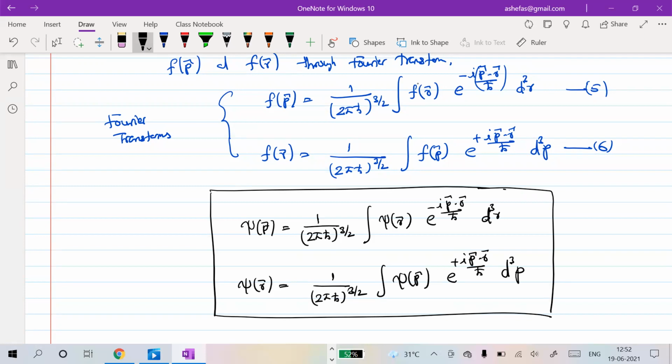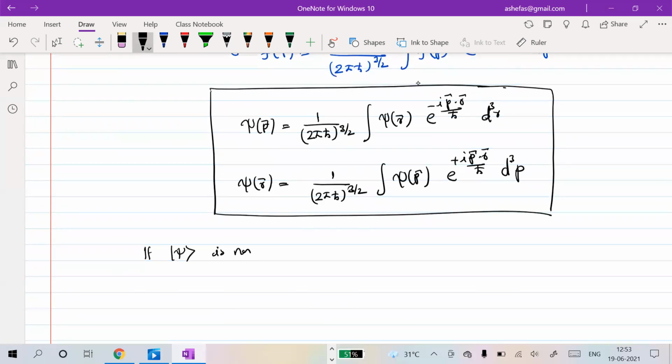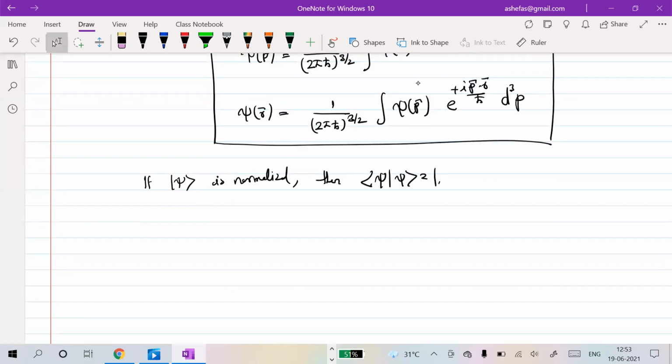Okay, now we can just look at the normalization condition. If the ket ψ is normalized, then the inner product ⟨ψ|ψ⟩ would be 1. Now how can we write ⟨ψ|ψ⟩? It can be expressed in terms of wave function.